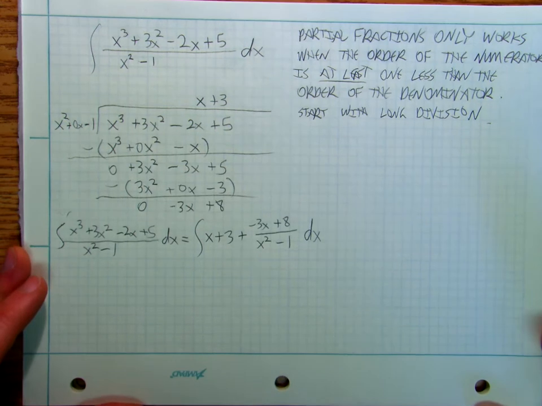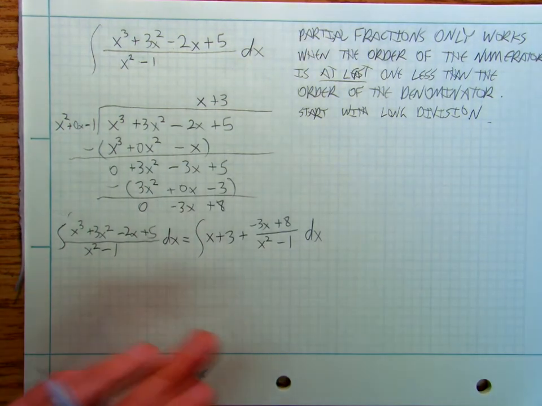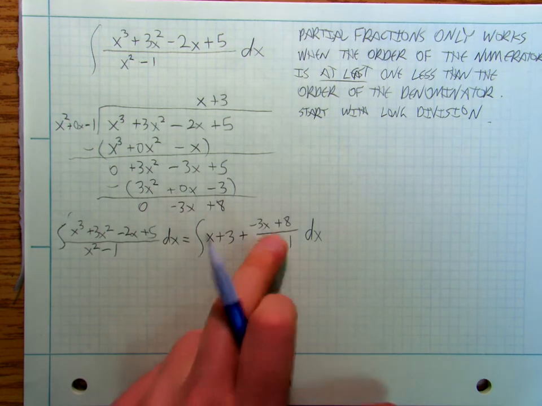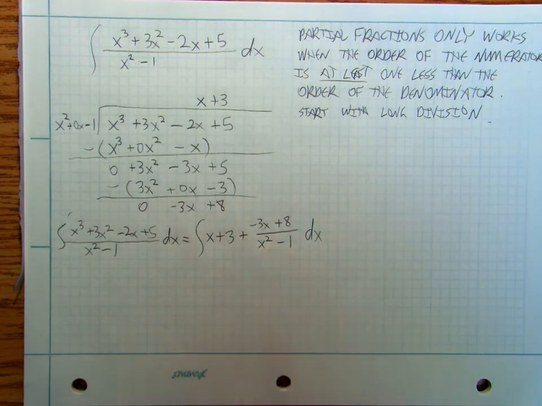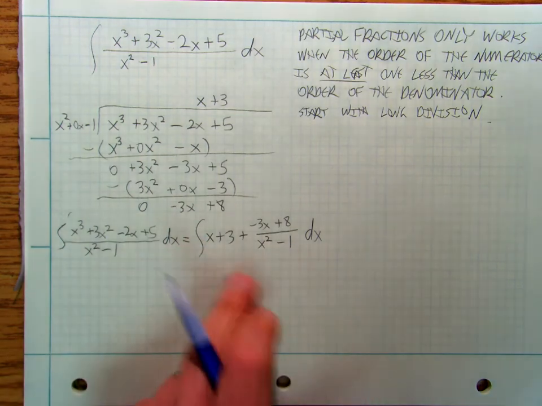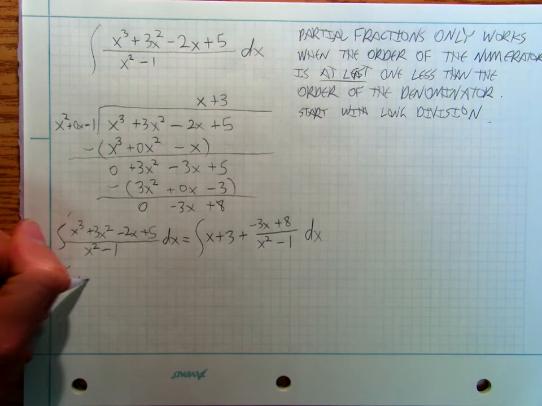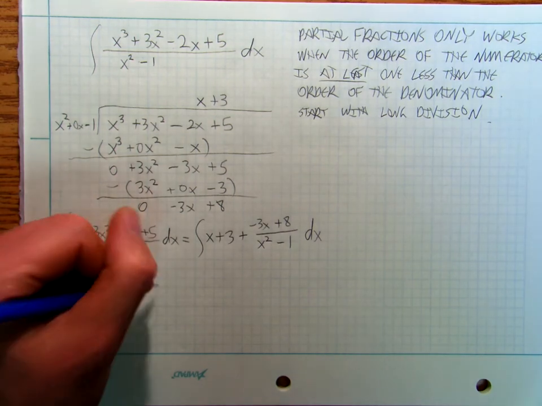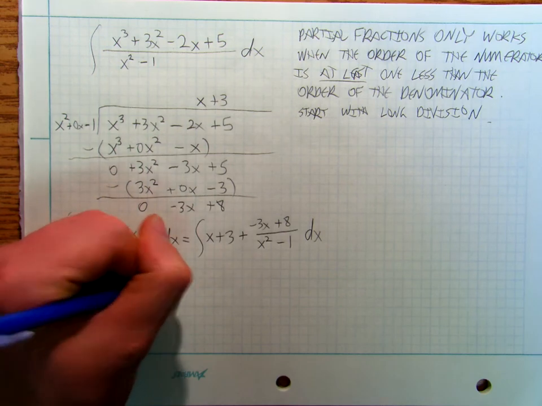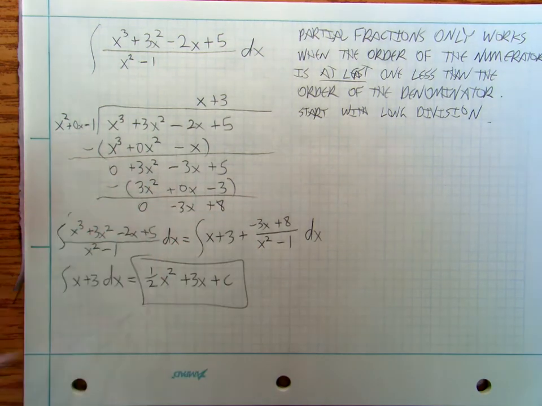This looks like it's going to be complicated, and it is complicated, but we're just going to go with it. That's now my partial fractions right there. So let's break this up. I've got the integral of x plus 3 dx. That's just going to be 1/2 x squared plus 3x plus C, and we've got to remember that.